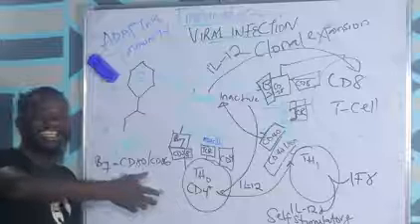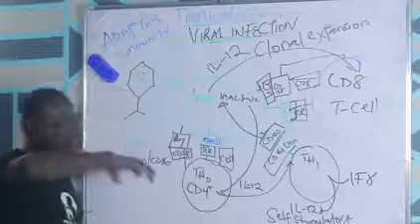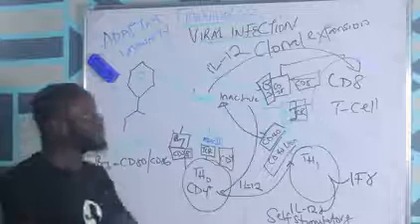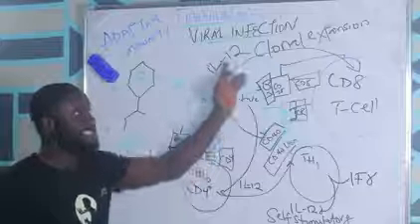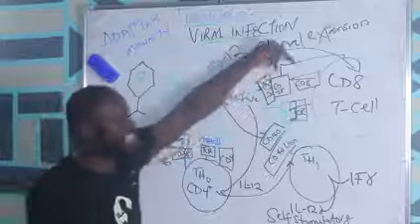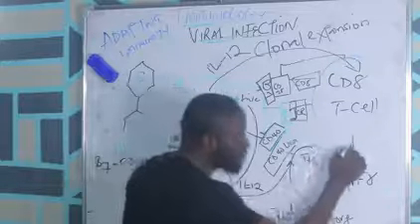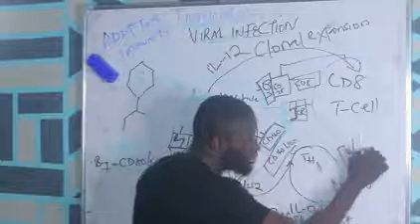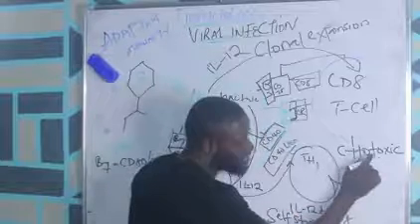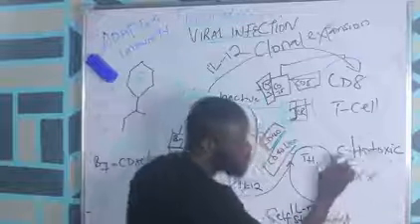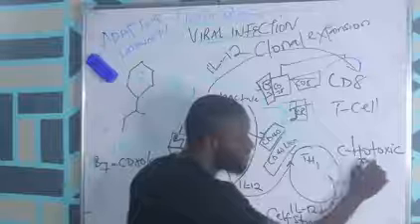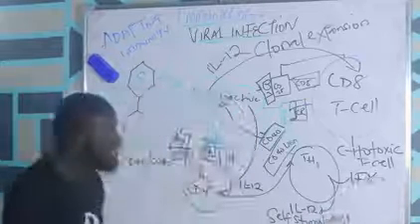So now let's take a general recap from the beginning. I told you the macrophage will now release interleukin 12 that will activate the CD8 T cell, pre-cytotoxic T cell, to become cytotoxic. Toxic means it's toxic to cell. Cyto means cell. Cytotoxic T cell that will now do the killing.